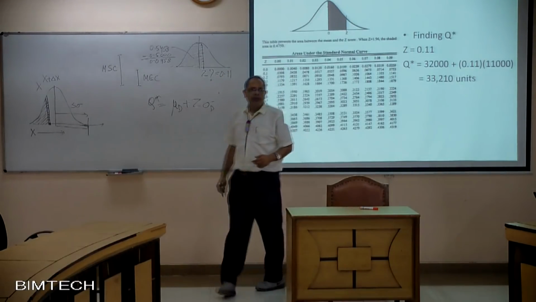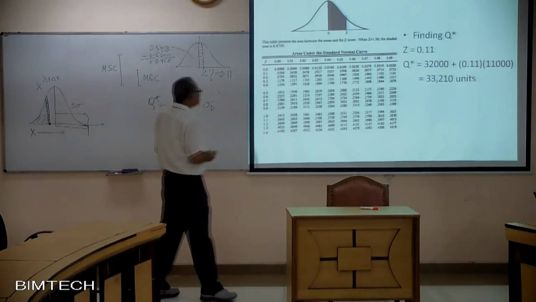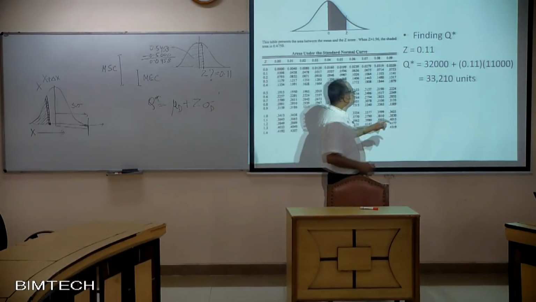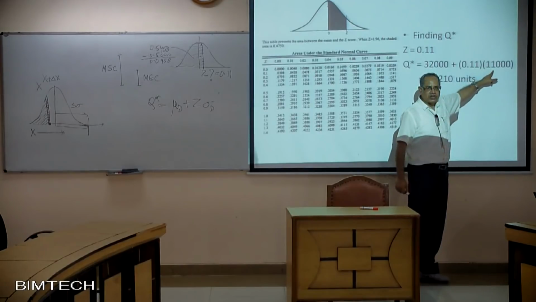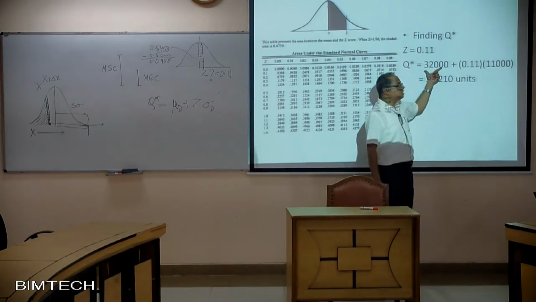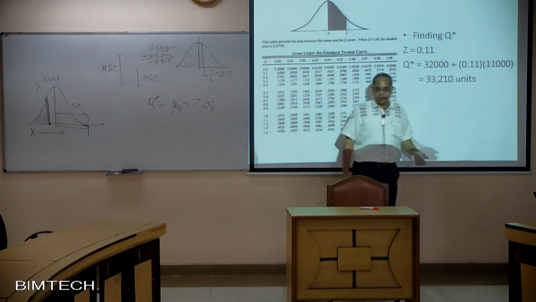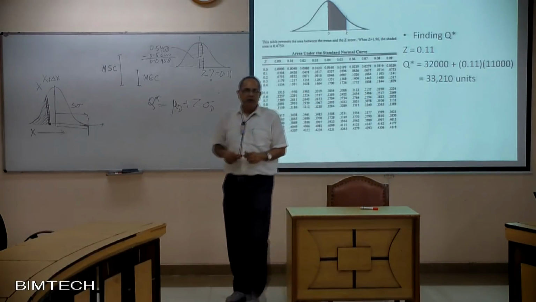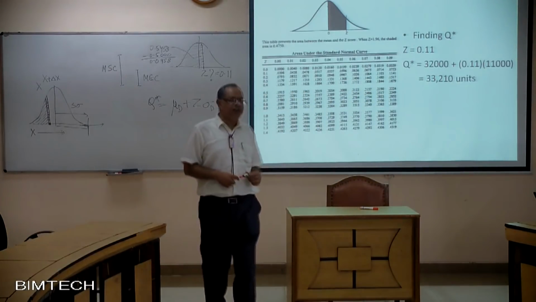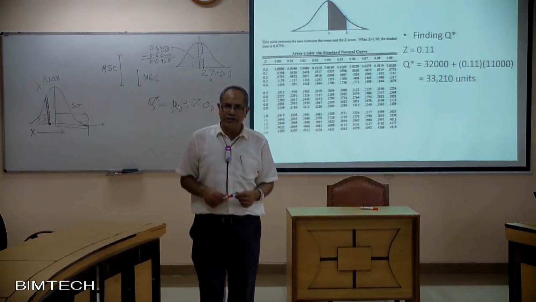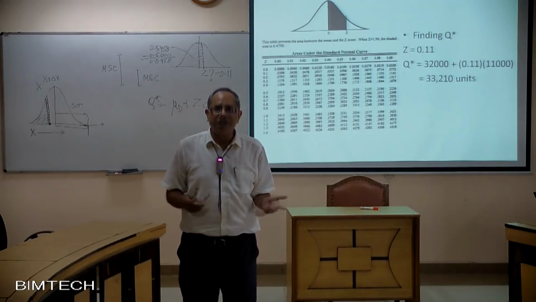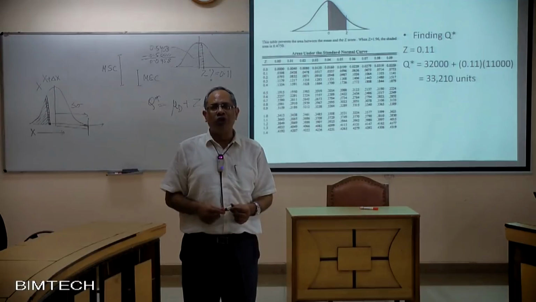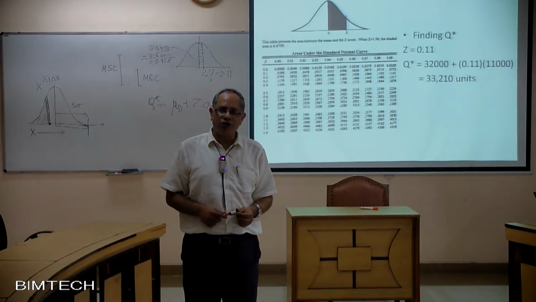I multiply that Z value with the standard deviation, add it to the mean demand to get my order quantity, and we get an order quantity of 33,210 units, which is fairly close to the earlier value that we had got of 34,000.